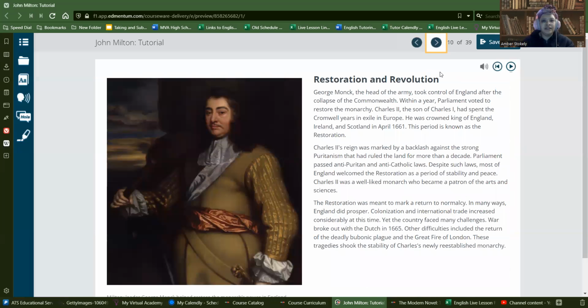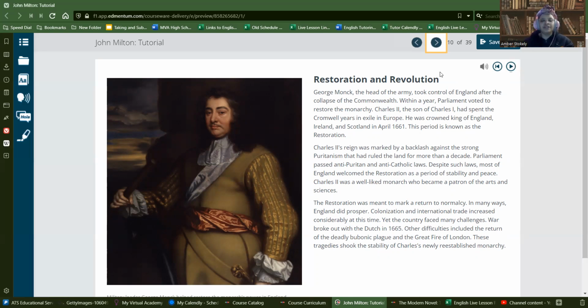On slide 10, they even tell you, it says restoration and revolution. Basically, Parliament voted to restore the monarchy after Oliver's son Richard failed to improve the Commonwealth. It says here that George Monk, who was the head of the army that Oliver left, took control of England, and the Parliament voted to restore the monarchy.